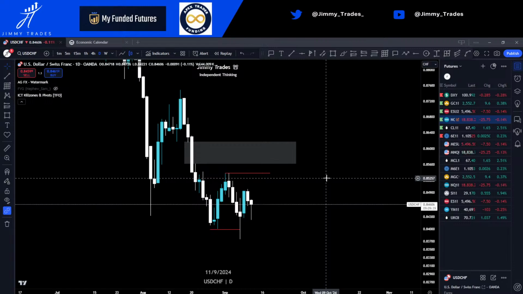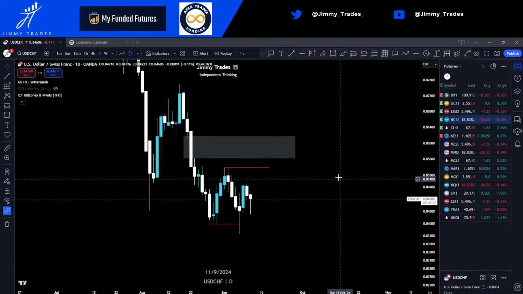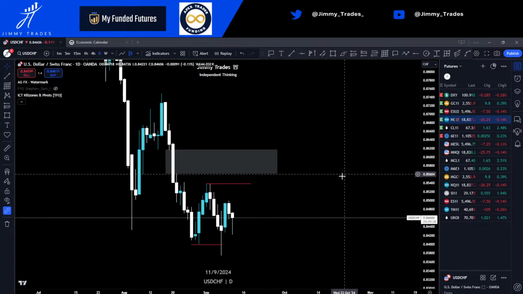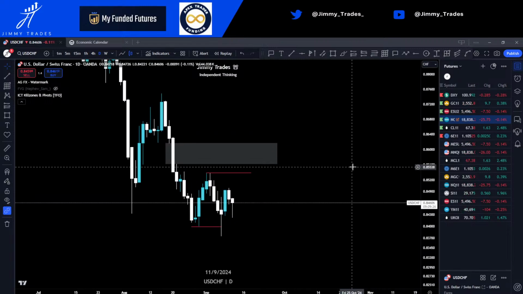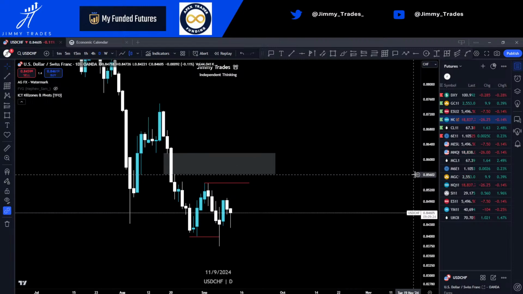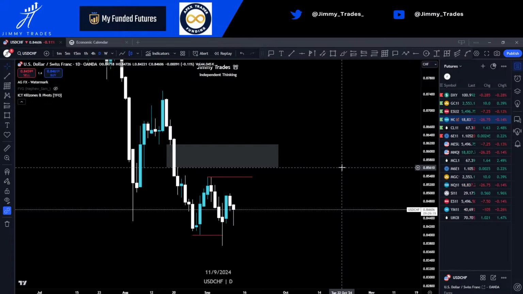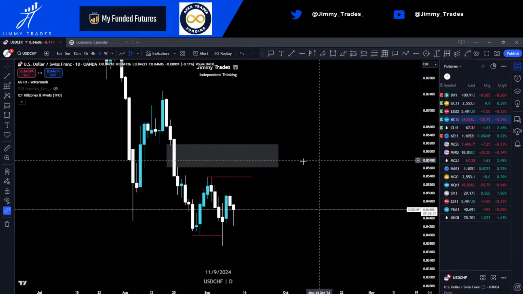Yeah, the correlation is a tricky one sometimes, isn't it? Because we have this inverse correlation with Dixie, and when they're aligned, obviously, it sort of throws doubt to your analysis or doubt to your positions. But you know, I just look at what the chart's telling me on a day-by-day basis.